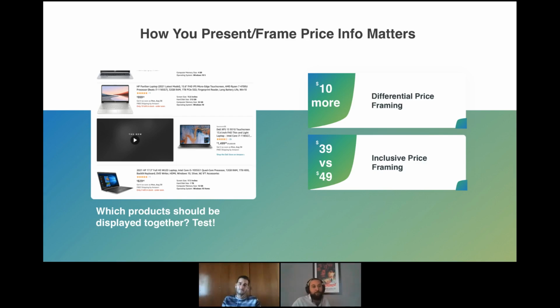I'm sure many of you are familiar with this subject, but it's also important that you know which products you show with which others. If you show a certain type of computers, it's better to test your assortment or your category listings again, so that you can optimize the conversion levels or the add-to-cart levels as well.